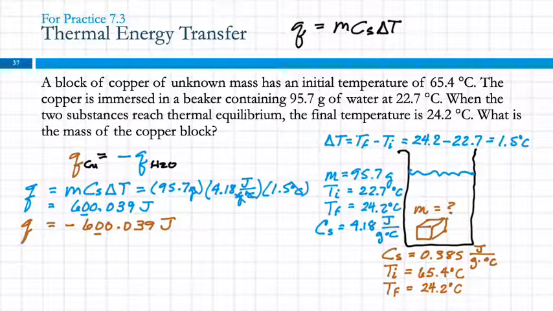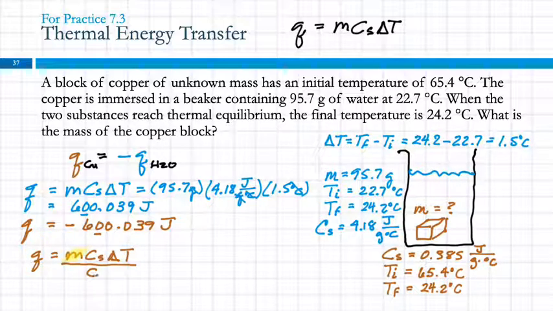So for the copper, Q equals MC sub S delta T. We know what Q is, we know what C is, we know what delta T is. What we're trying to find is M, right? So we need to rearrange the equation.